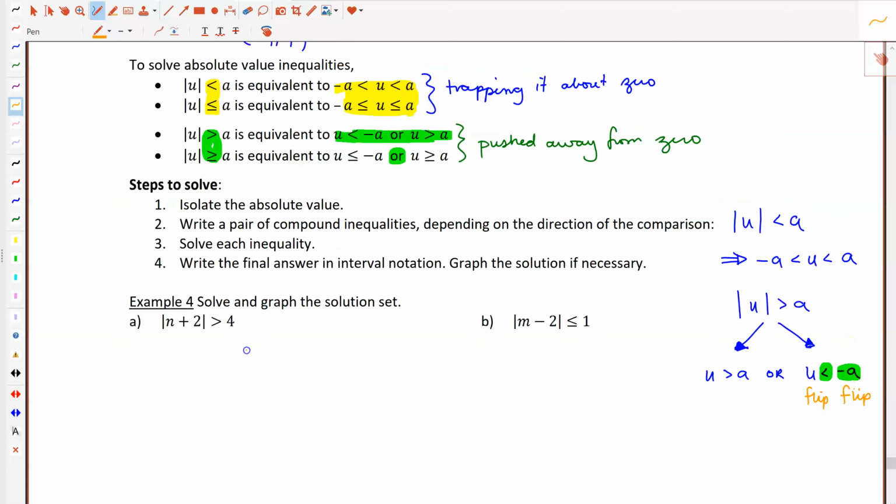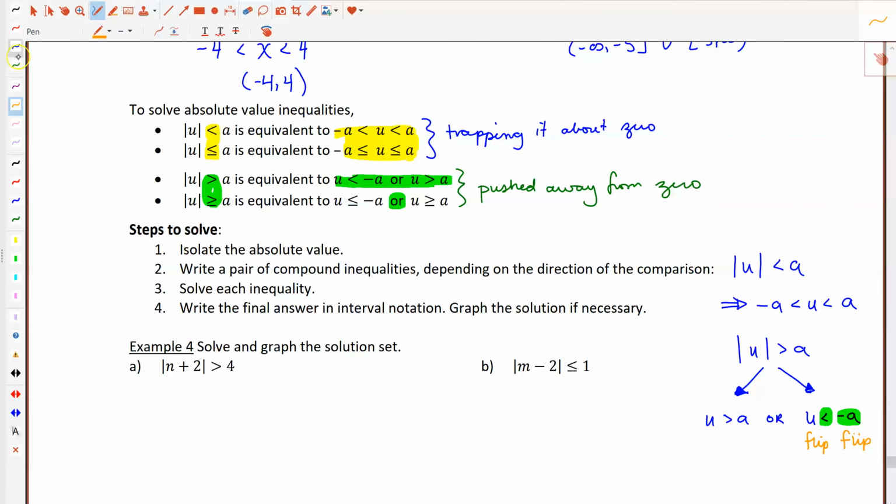One last thing before we start looking at some examples: all of these cases assume that whatever number you see over here on the other side should be positive in order for the cases to be broken up like this.